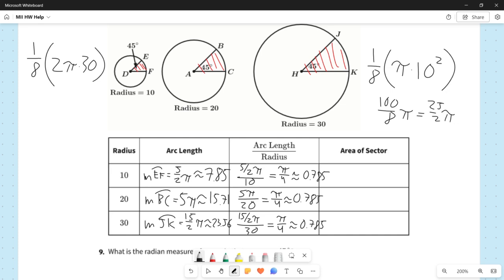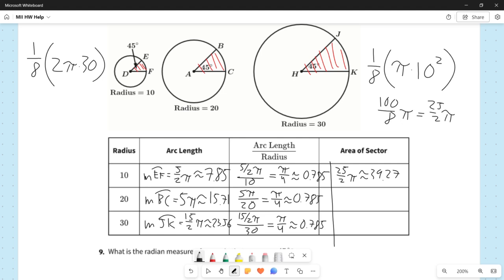So the area of our sector here is 25 over 2 pi. And if we wanted to approximate that, we end up getting approximately 39.27.